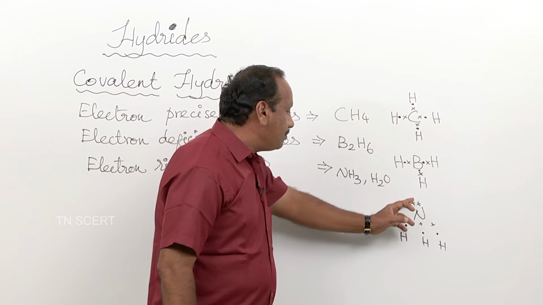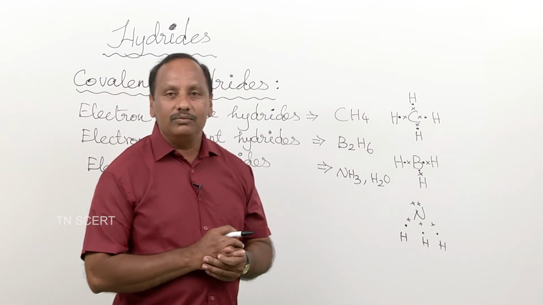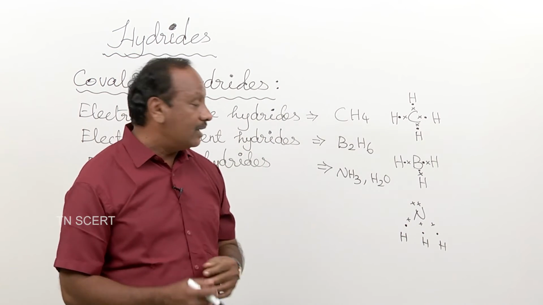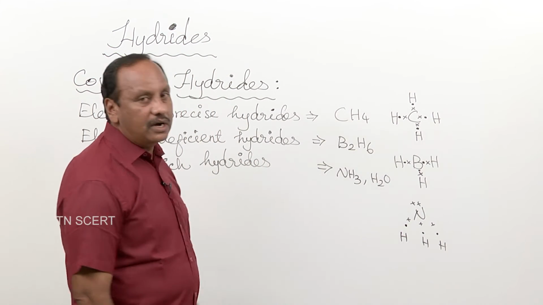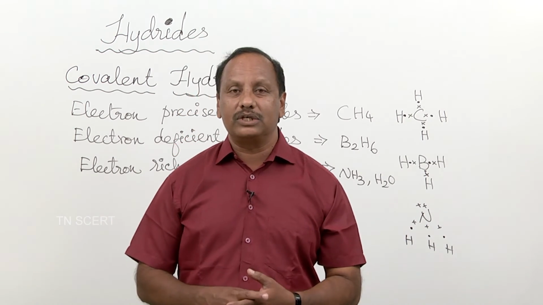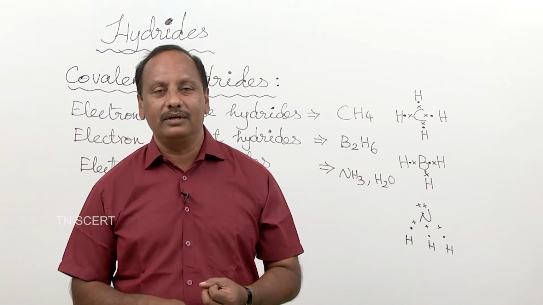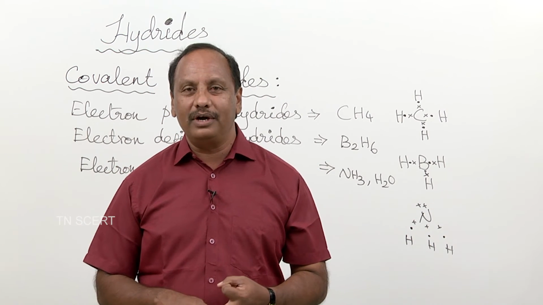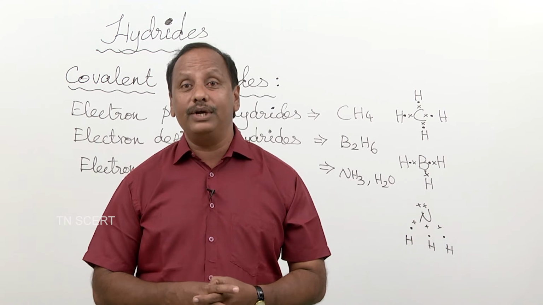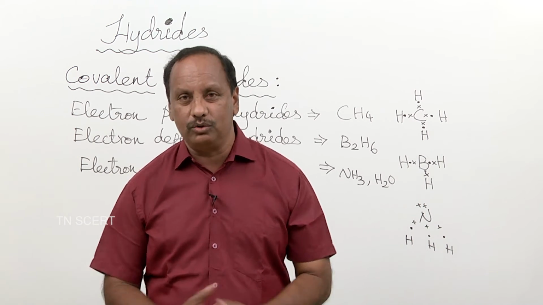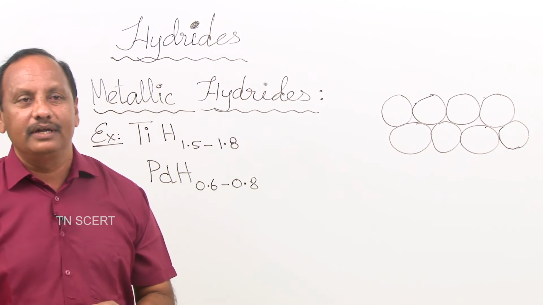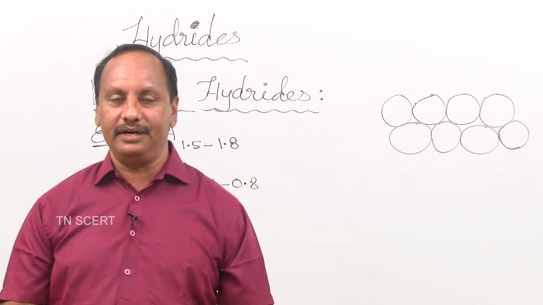There is an extra pair of electrons which is not involved in bond formation. Therefore, it is known as an electron rich molecule or electron rich hydride. Covalent hydride molecules are small molecules. They have low melting point, low boiling point or are volatile liquids, with weak forces of attraction between the covalent hydride molecules.